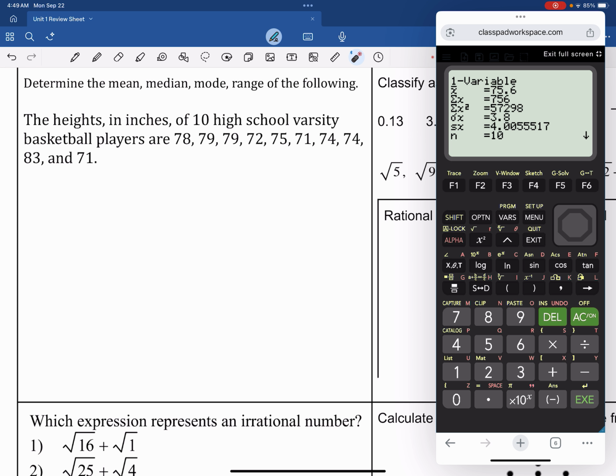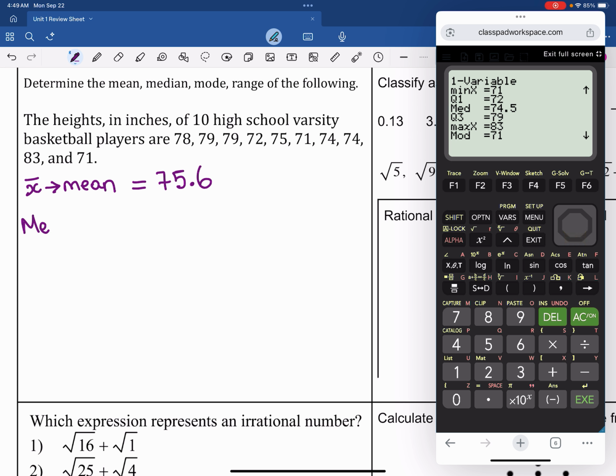The first number on your calculator, x with a bar on top, like so, is your mean. So here, our mean is equal to 75.6. If you scroll down in your calculator, you should see MED. That's your median.